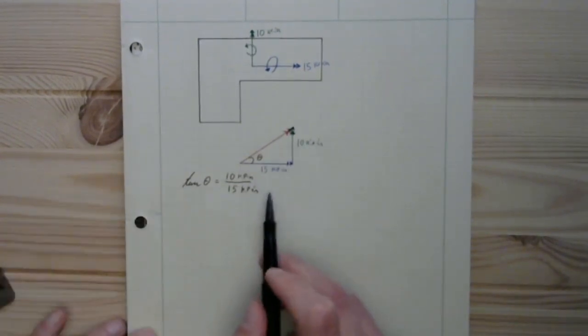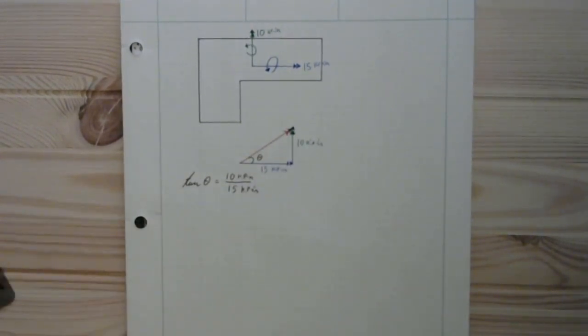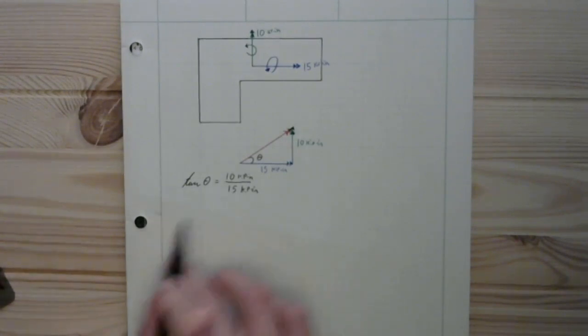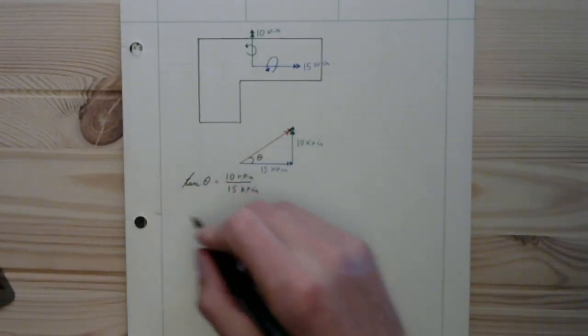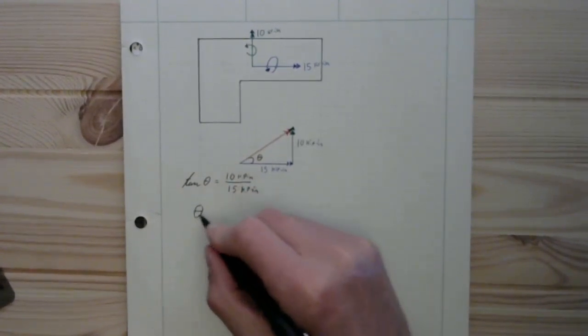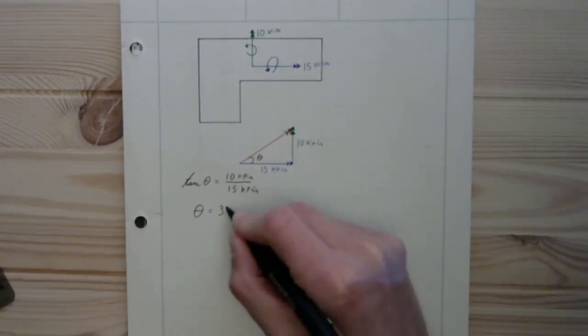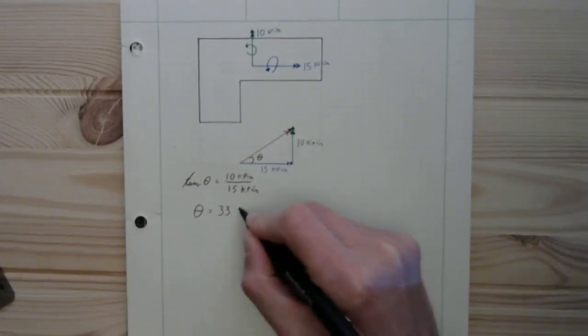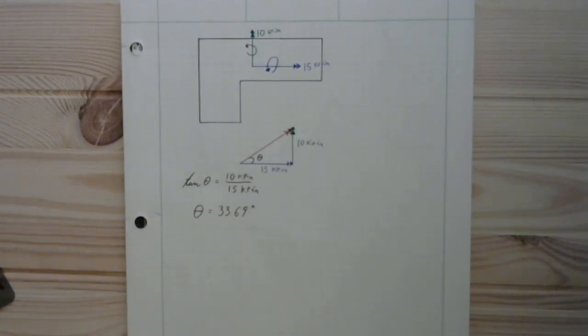I think you can recognize that right there. And then popping an arctangent into both of them will give us that this angle is equal to 33.69 degrees.